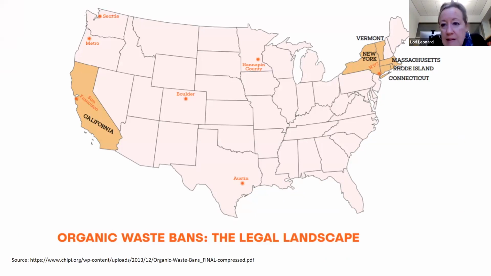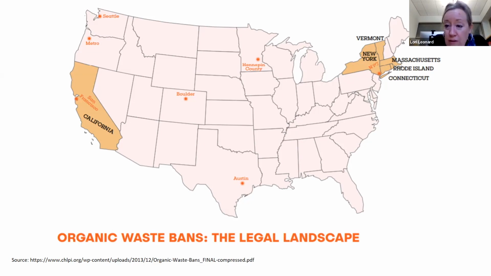The bans in these states that are highlighted here in the Northeast and in California, there are also some municipalities that have commercial organics bans, are all very different in character. The one in New York applies to generators that produce 2 tons of excess food per week or more. So colleges, supermarkets, restaurants, pretty large scale commercial entities.